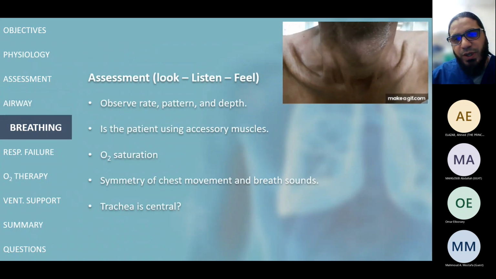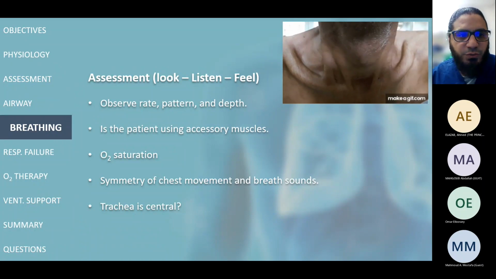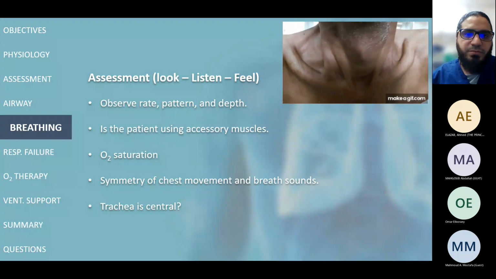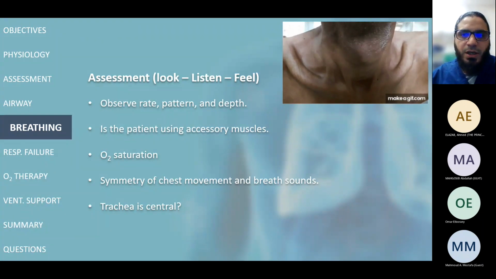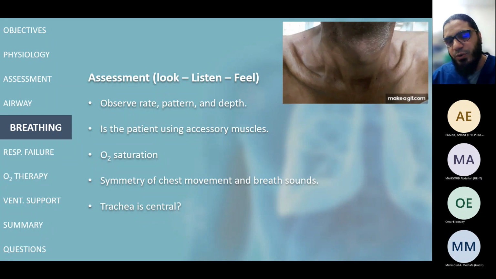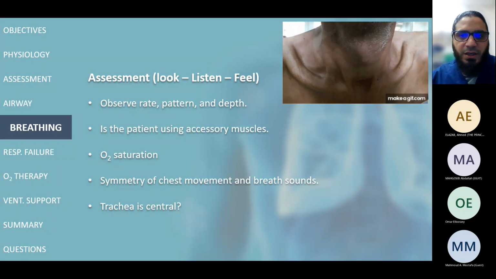If the airway is patent, you don't have any issues with it, then you will move to the next step, which is assessing the breathing. Have a quick look, assess the rate, pattern, and depth of breathing. Assess the patient in general, if he looks in respiratory distress and is using his accessory muscles. As you can see in the short video above, this is a sign of a patient who is in respiratory distress and impending fatigue and tiring, and shortly he will be hypoventilating and deteriorate more.